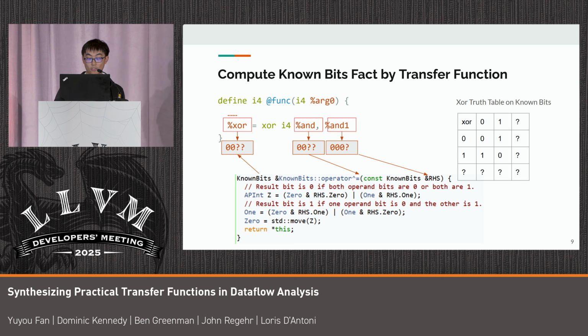By passing the N3 and N1 known bits information to the function, LLVM implements the truth table by executing 3 lines of code, and we get the result information and attach it to XOR. So the transfer function takes the known bits information on both operands, executes, and returns the known bits result. This is a transfer function, and this is a simple transfer function on XOR.